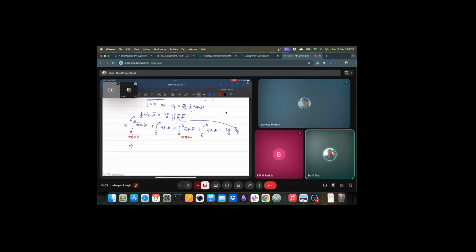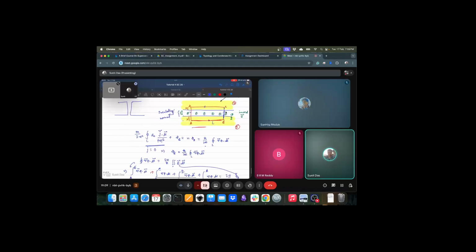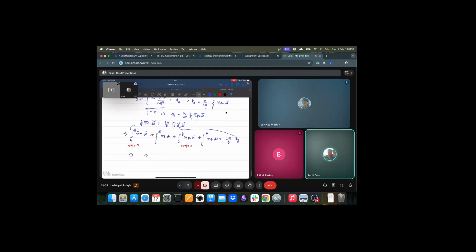So then it translates. You can write this as a phi, and let's say this is superconducting 1. So we write phi 1 C minus phi 2b.